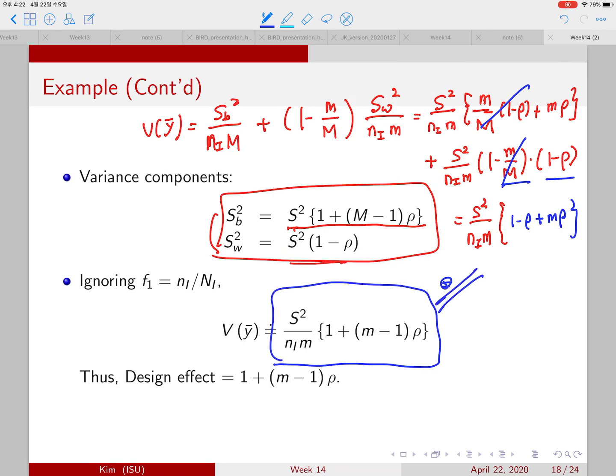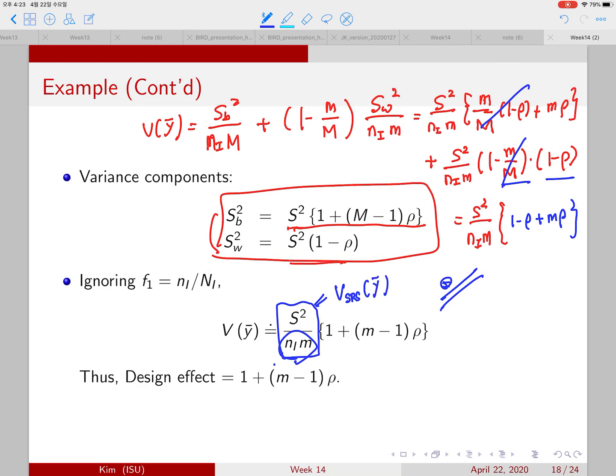So m rho, right? And by the way, the first factor is the variance of y bar under simple random sampling where the sample size is N times m, right? So the variance of a simple random sampling y bar.